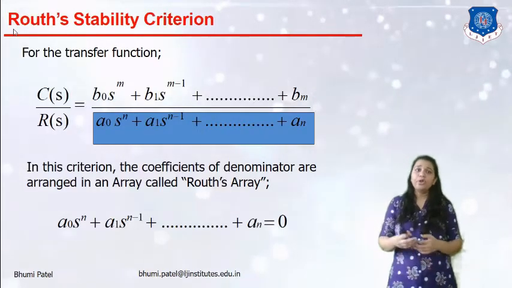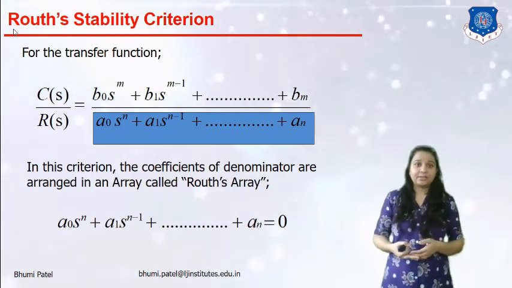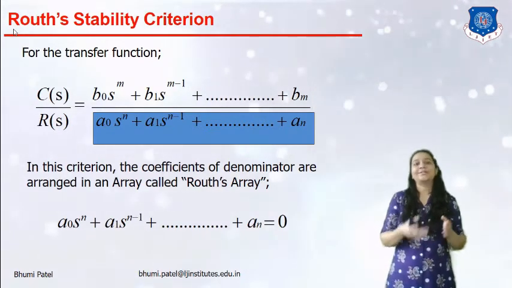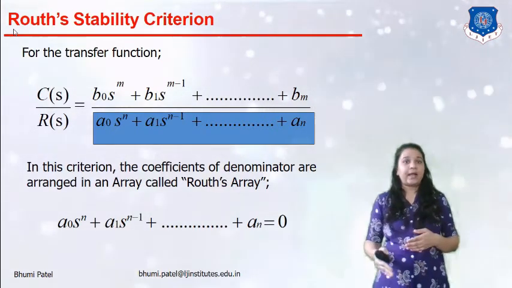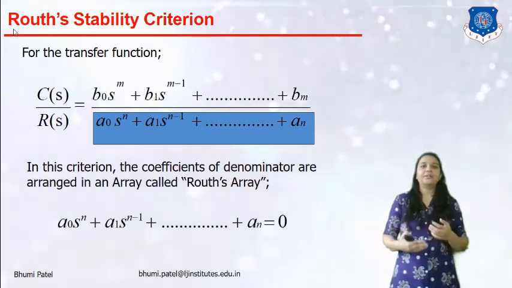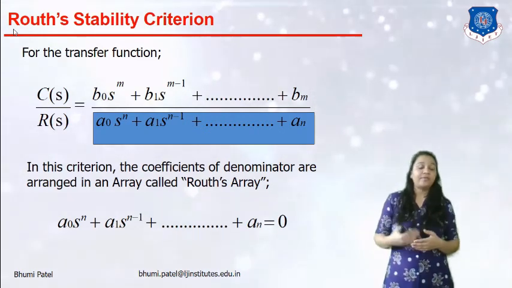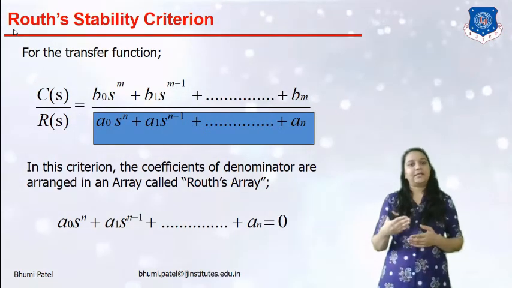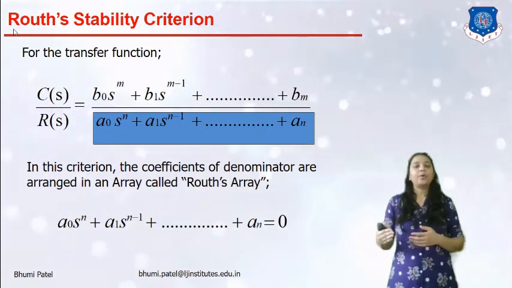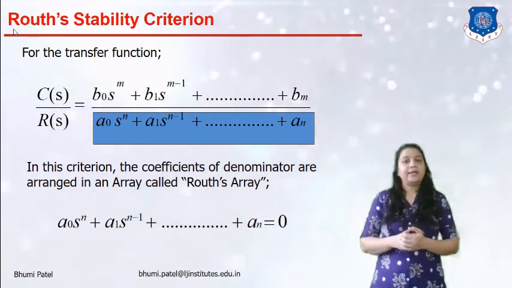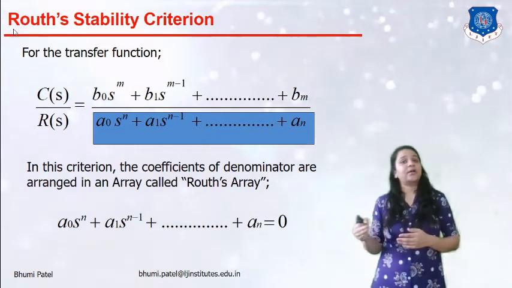To find out whether the system is stable, unstable or critically stable, we can always use the Routh stability criteria. For the Routh stability criteria, we consider a general transfer function, where C(s) upon R(s) is equal to b0 s raised to m plus b1 s raised to m minus 1 plus up to bm, divided by a0 s raised to n plus a1 s raised to n minus 1 plus up to an.